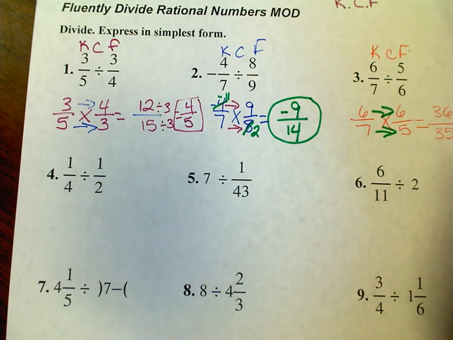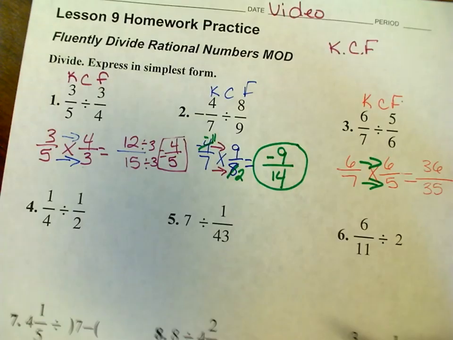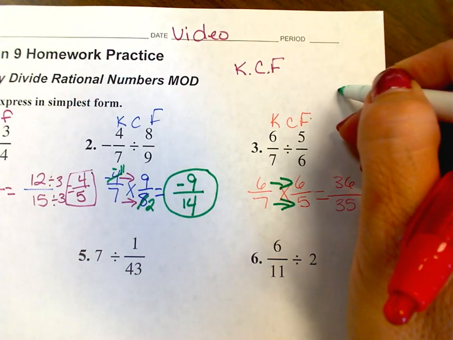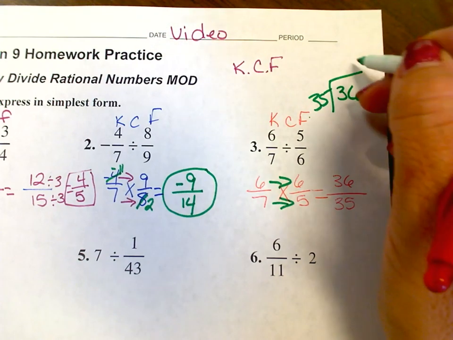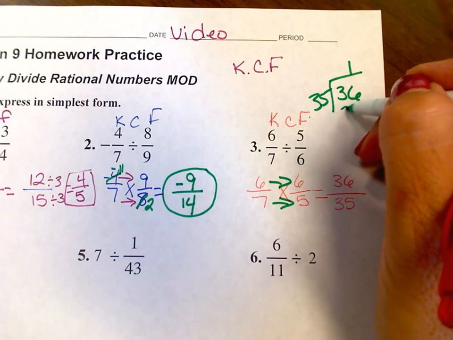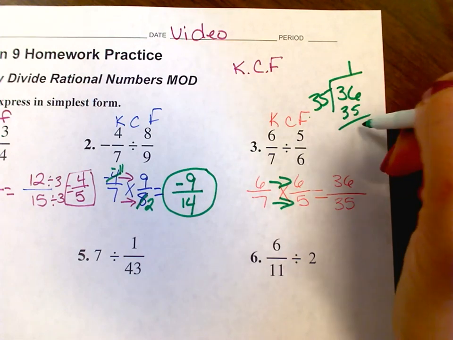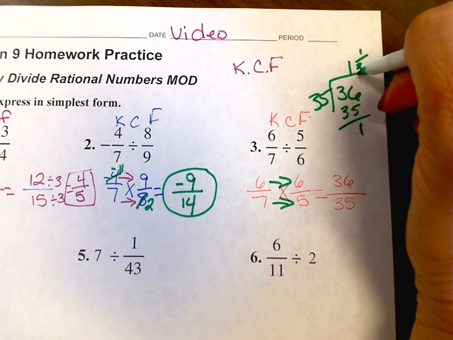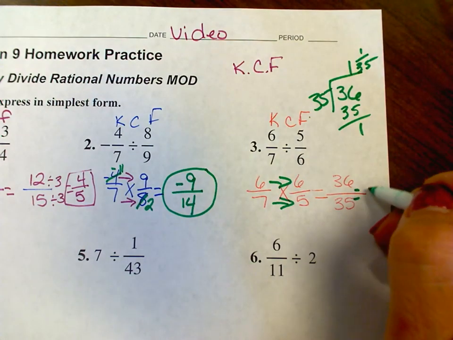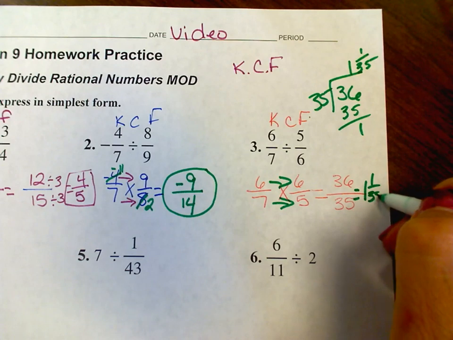This one is improper, so you do 36 divided by 35, goes in there one time. You have a remainder of 1. You bring it back up and put it over your denominator. So that would be 1 and 1/35.